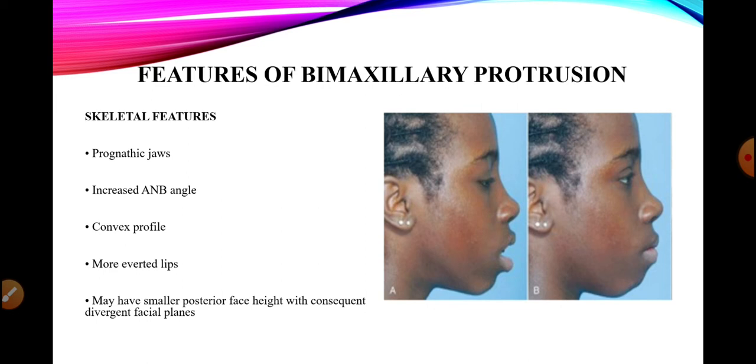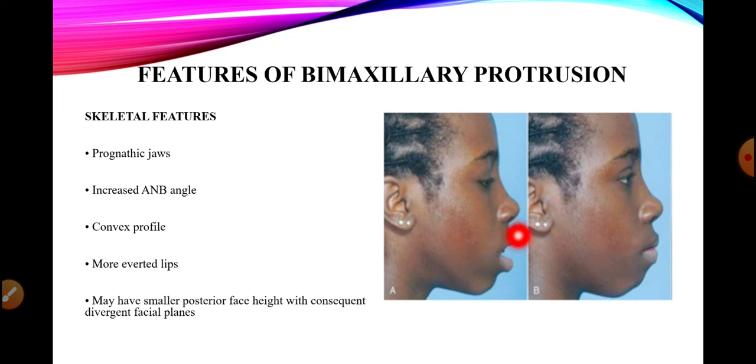The patient, in case of bimaxillary proclination or prognathism, presents with a convex facial profile, and because of the increased inclination of the incisors, both the upper and the lower incisors are proclined. Because of the increased inclination and lack of lip tonicity, there will be lip incompetency, and because of that, you'll be seeing everted lips.